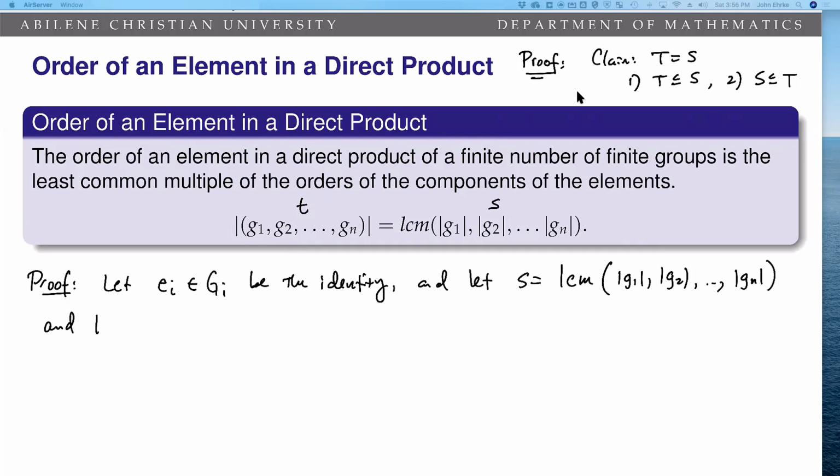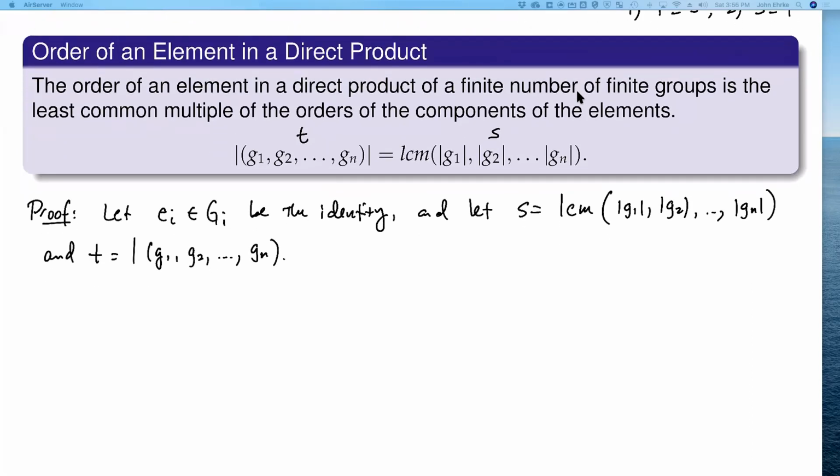And let t be equal to the order of the element. Then I'm going to show that t is less than or equal to s. So we're going to show this first.